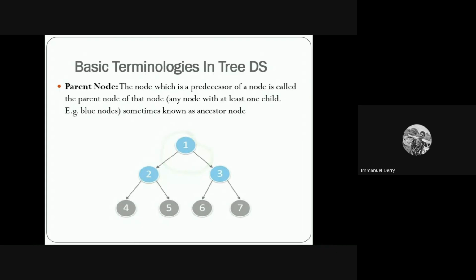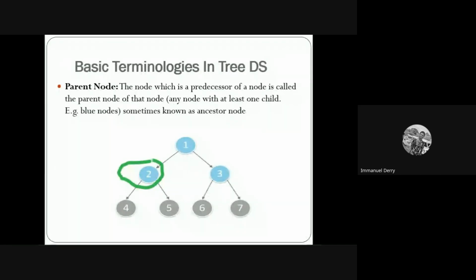If you look at what we have here, any node with at least one child qualifies to be a parent node. And this is the root node, which has 2 children, 2 and 3. So it qualifies to be a parent node. All right, so after that, when we move to 2, 2 also has 2 children, which is 4 and 5.